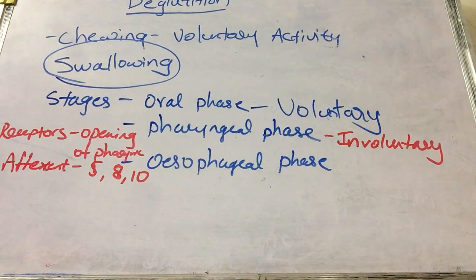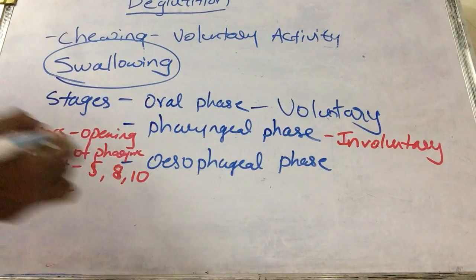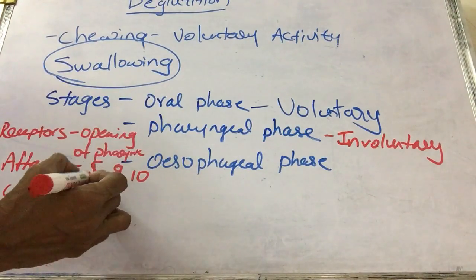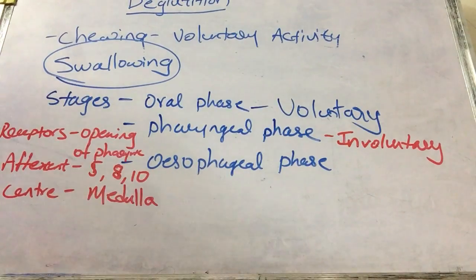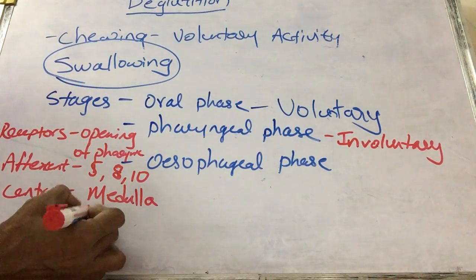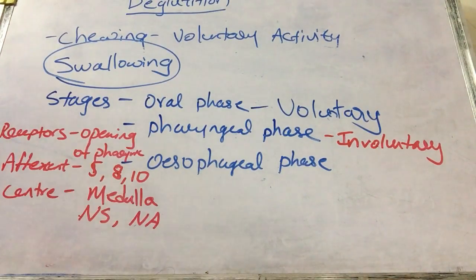And the center for deglutition, the pharyngeal phase, is present in the medulla at the nucleus solitarius and nucleus ambiguus.